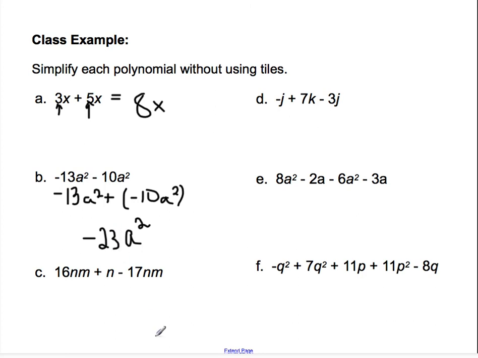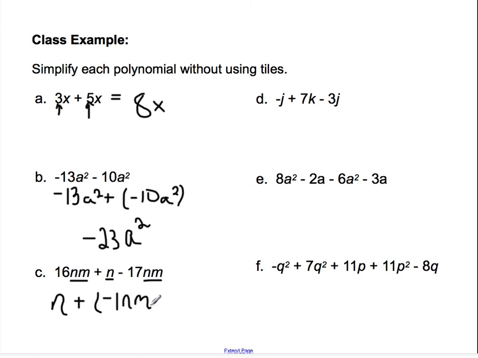Okay, so here we have an NM, here we have an NM, and here we only have an N. So we have unlike terms here. We can only add the coefficients of the terms that are like. This N is not like the others, so we're just going to keep it as N. And then I have positive 16 and a minus 17, so I'm at negative 1 NM.